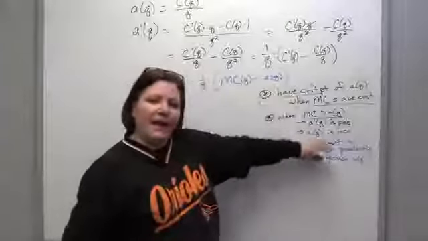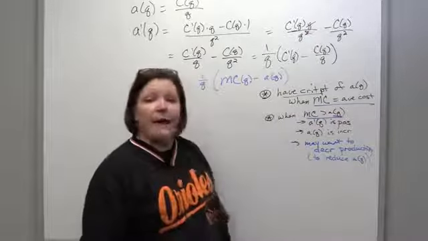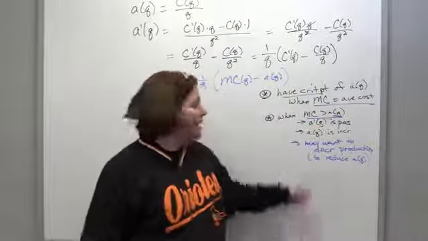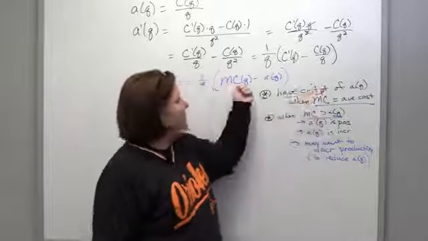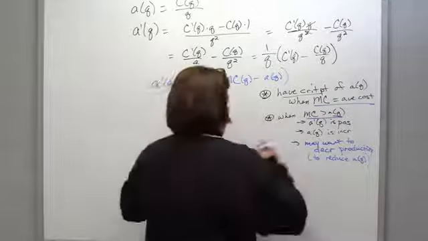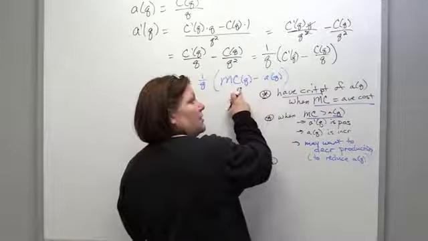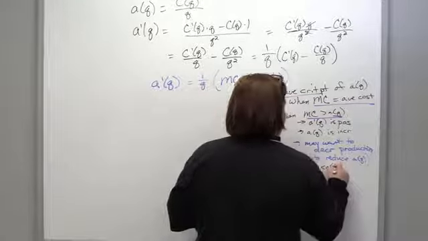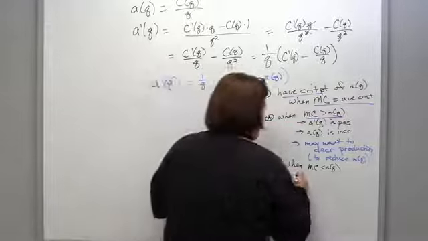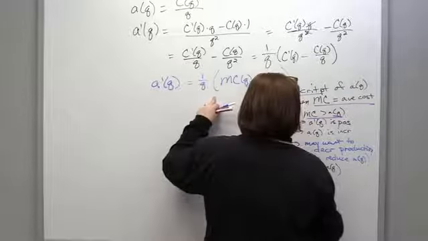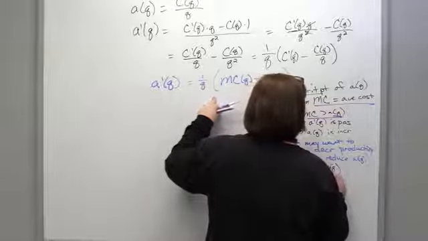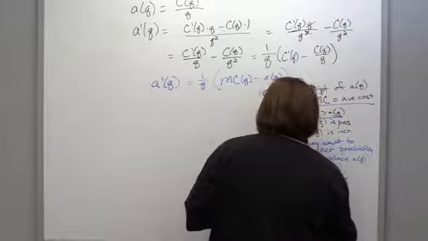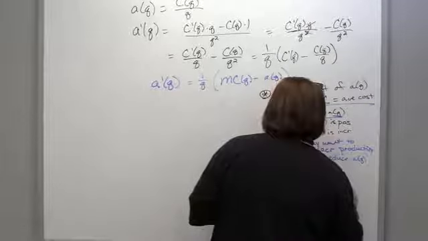Again, we may have been told these facts in another class, or we might be told in a future economics class: when marginal cost is bigger than average cost, this is what we want to do. But it's because of this formula. And likewise, when marginal cost is less than average cost, what does that tell you? That tells us A prime is negative, which tells us A is decreasing.